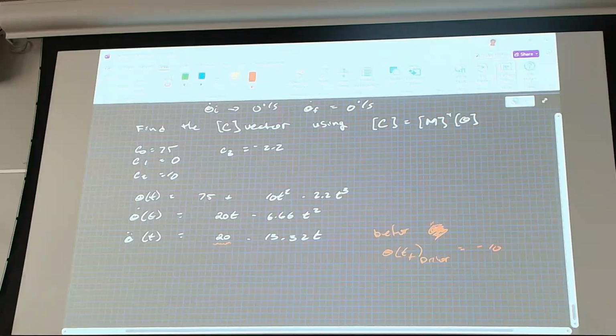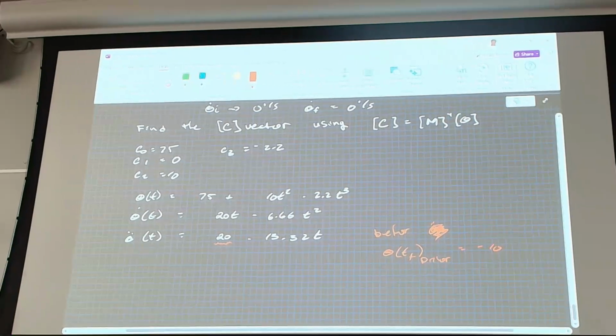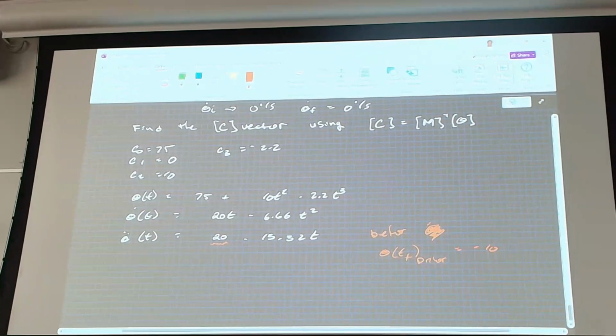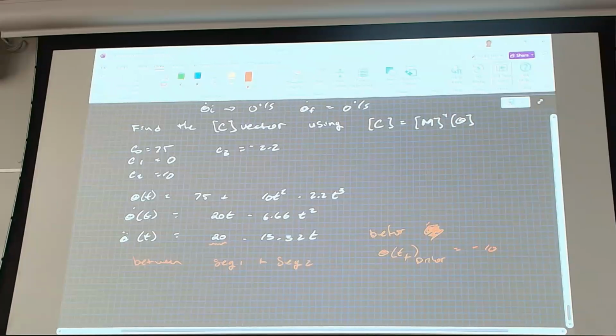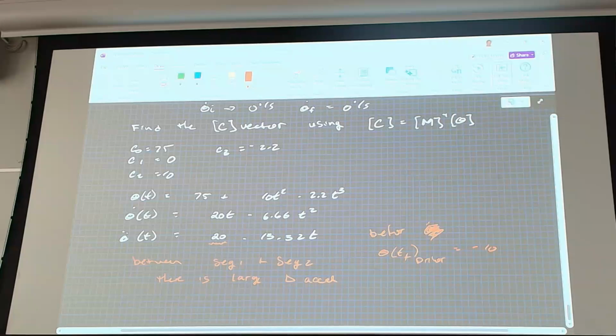So what we're going to see is between segment 1 and segment 2, there is a large delta acceleration. Large delta accelerations are bad.